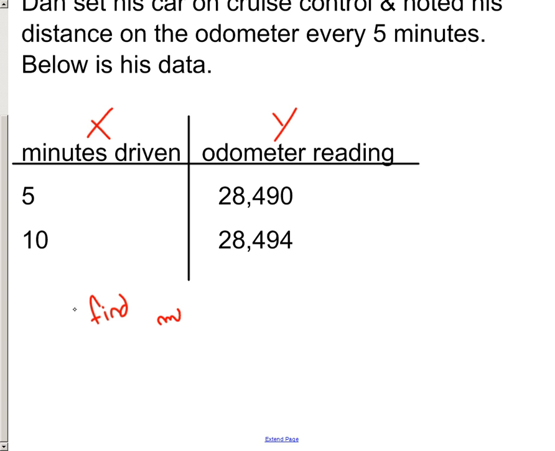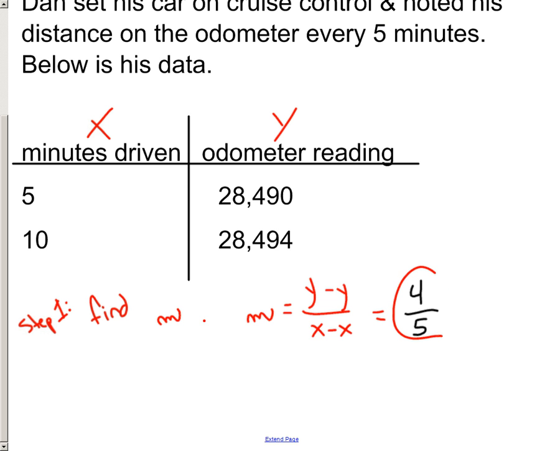Find m. So that's step 1. So m is y minus y over x minus x. And I know that when I subtract my y's, I get 4, and when I subtract my x's, I get 5. So my slope is 4/5. Okay?